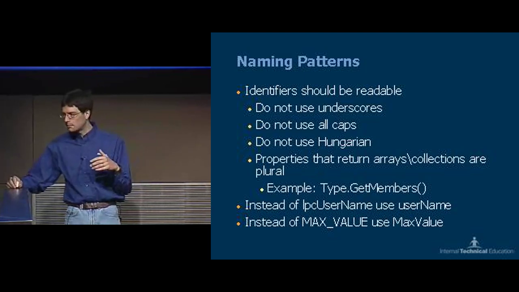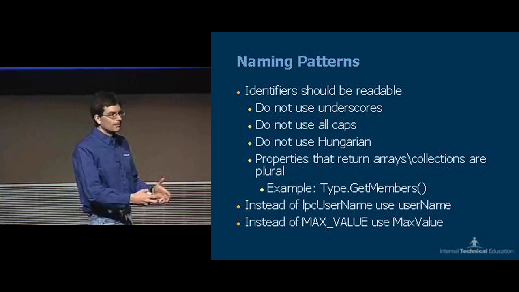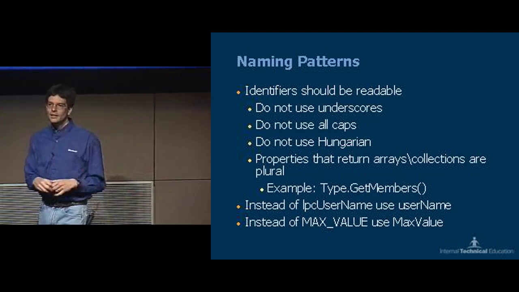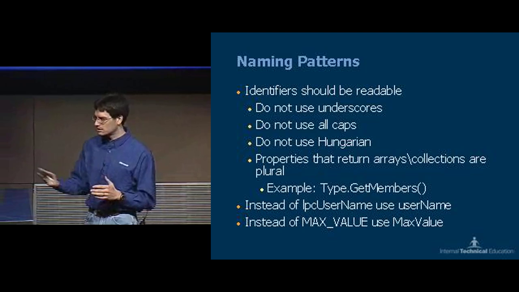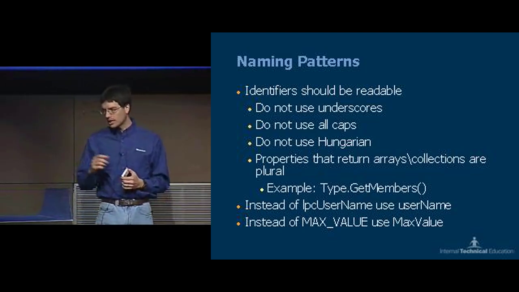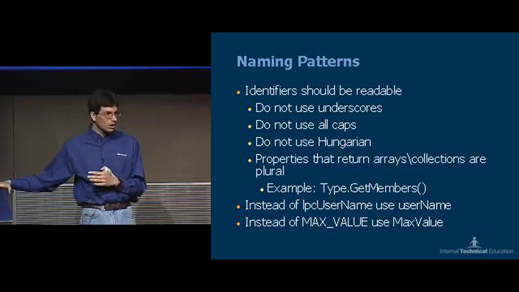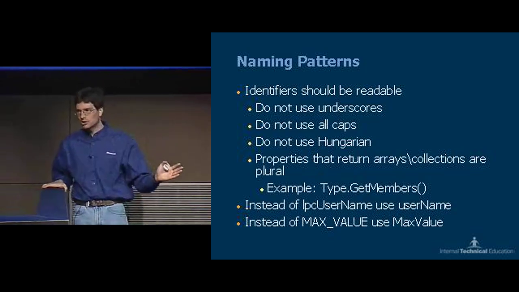For things like properties where multiples are returned, where a collection of things is returned, so more than one, we use plurals. A lot of this, I think, should be obvious, but just to spell it out. For example, on the System.Type class, we have a method called GetMember that returns one member, and then GetMembers that returns all of them.